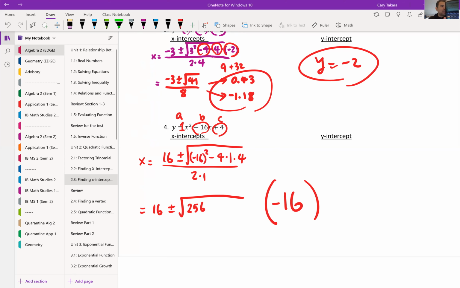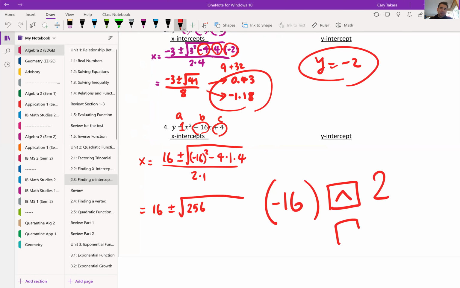Is everybody okay on how to do the square? If you have a calculator like mine, you can do it 2 different ways. You can use this square button, or you can do negative 16 to the second power. That's right here, that's the exponent button.